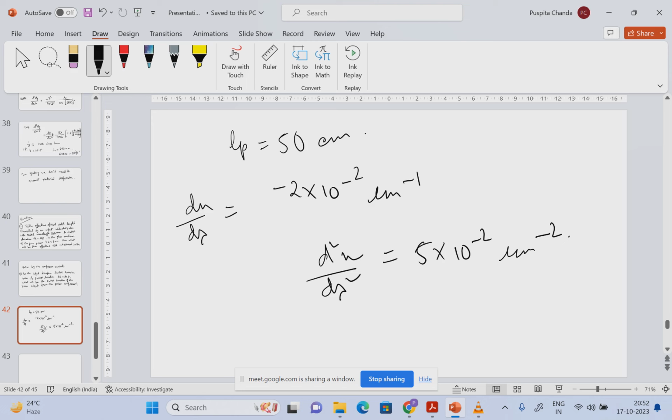So, a very simple question. The question has said prism compressor, so we need to take into account the material dispersion as well.